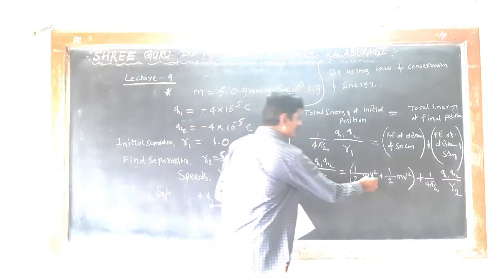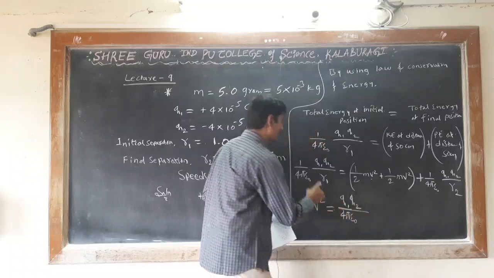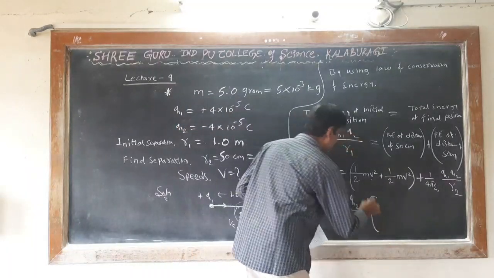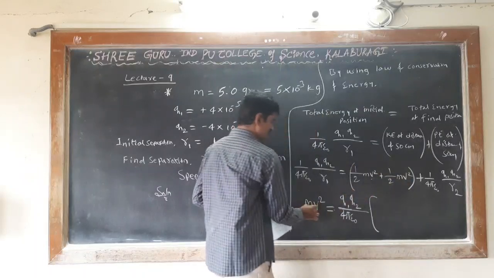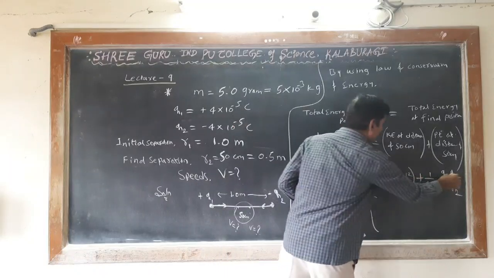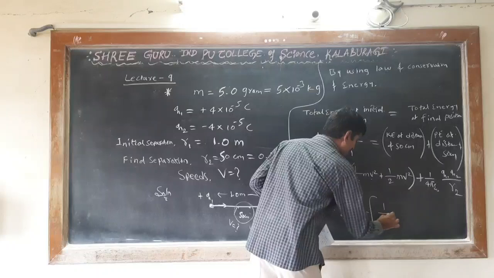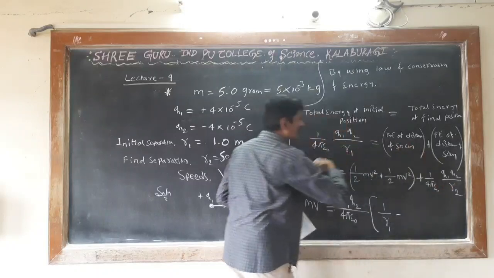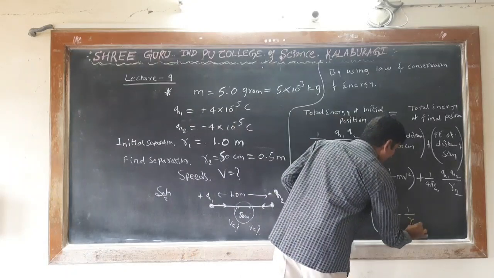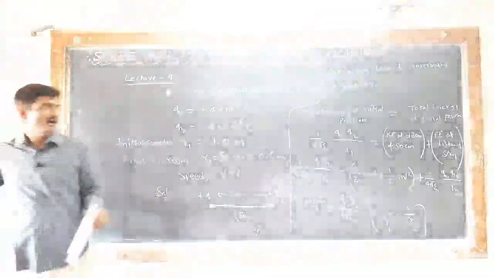We want velocity. Add these two: mv square. Q1 Q2 divided by 4 pi epsilon naught I am taking common. So here you will get 1 by R1 minus 1 by R2, as that term is taken to this side. Okay. So now substitute the values and get the answer.